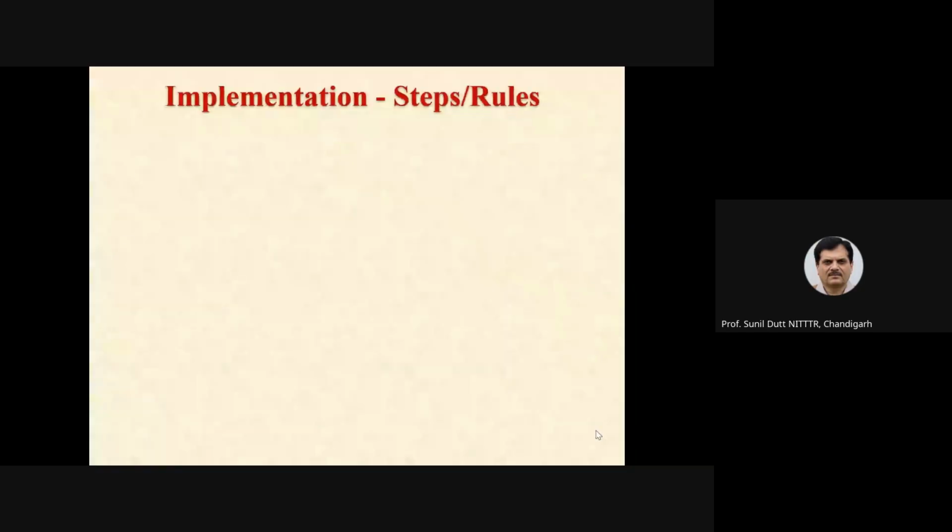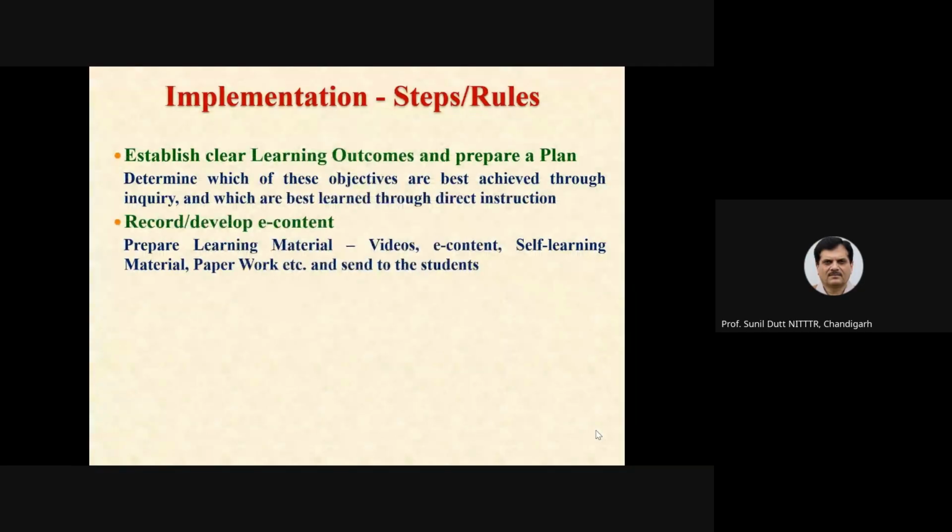As far as the traditional teaching method is concerned, you also establish learning outcomes. For this also, you have to structure your lecture plan, define learning outcomes, and prepare a plan. Then develop e-content or record a video, or you can identify a video from YouTube.